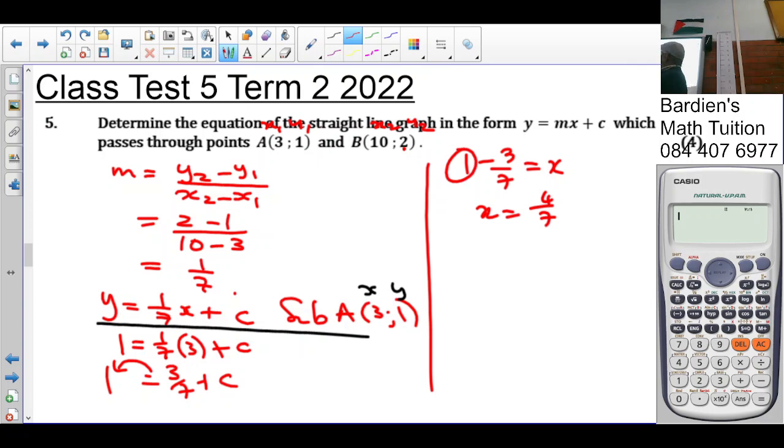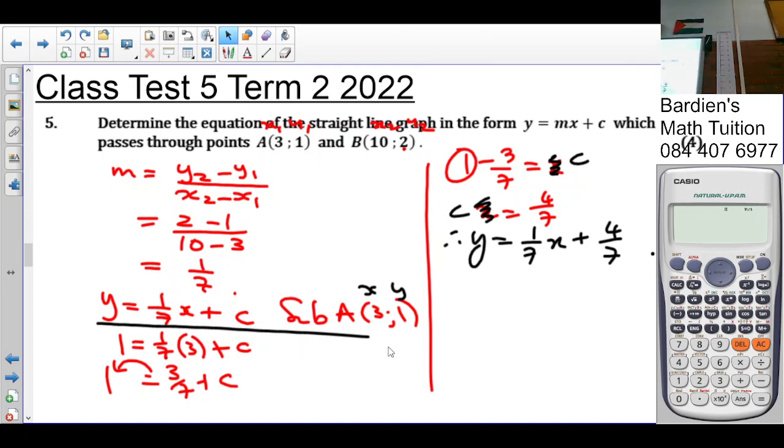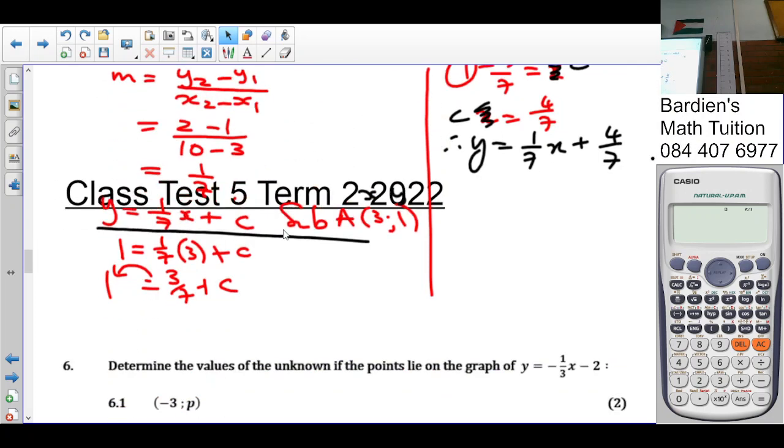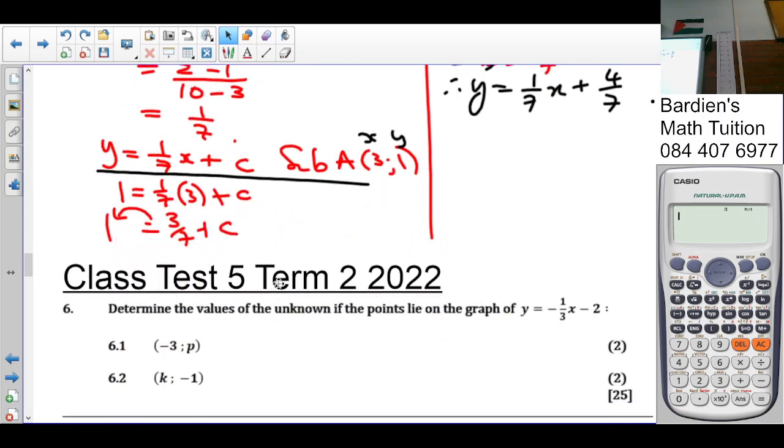So 1 is 7 over 7. Why do I have x? It's supposed to have been a c. So therefore your equation is y is equal to 1 over 7 x plus 4 over 7. Can you believe it, so easy? Yes, you can.